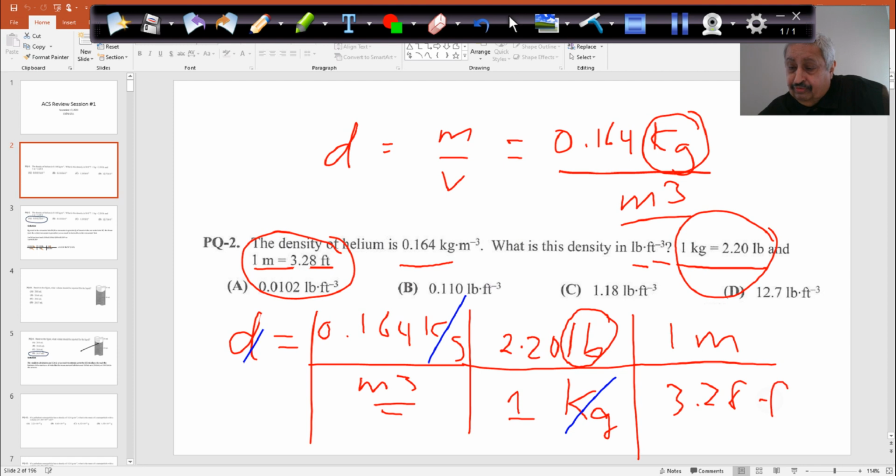Take advantage of this: 3.28 foot. However, if you look, this is not the volume. We said the area is square. The volume has to be what? Cube. The area is all the time square, and the normal length is just a plain number, like a meter.